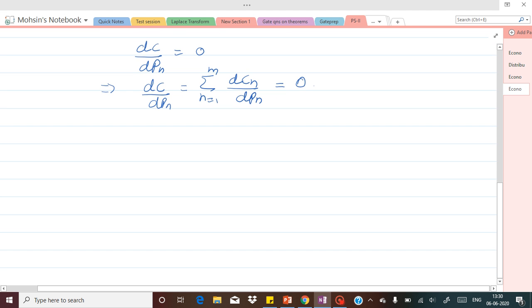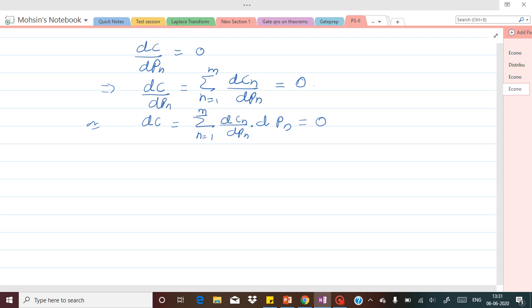So therefore we can write dc equal to summation of dcn by dpn, n equal to 1 to m, into dpn, equal to 0.